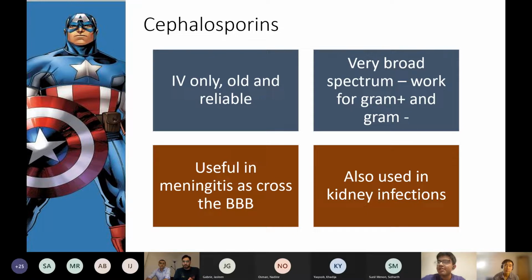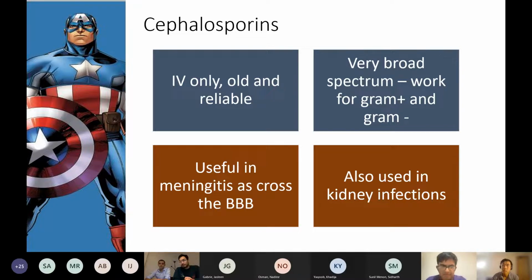What kind of infections have you heard us using cephalosporins in the context of? I mean, there's lots, but yeah, meningitis is the important one, and that's because it can cross the blood-brain barrier, which is actually not that common with a lot of antibiotics.